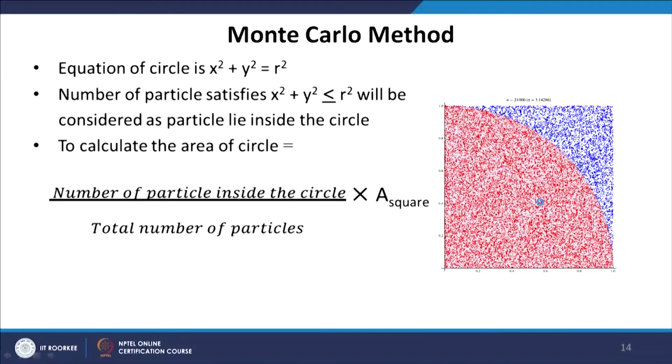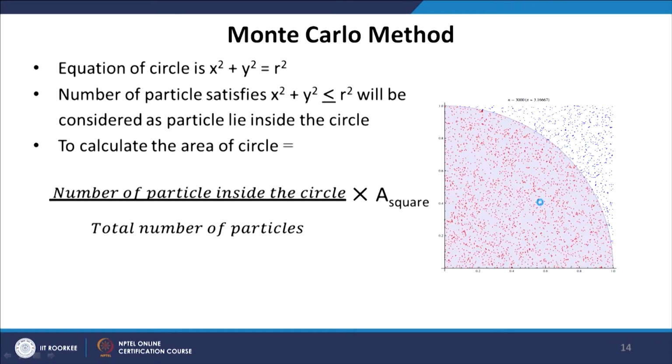Let us see how powerful this Monte Carlo method is and how different types of problems can be solved using it. In this slide I give you a special example which has nothing to do with radiative heat transfer or view factors.